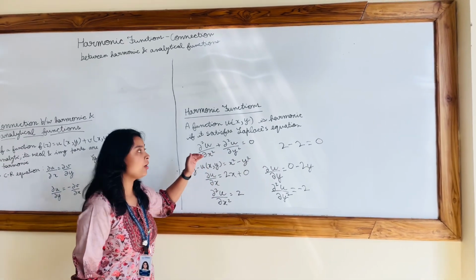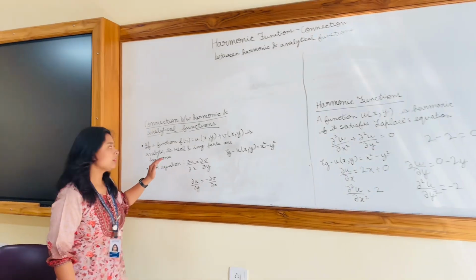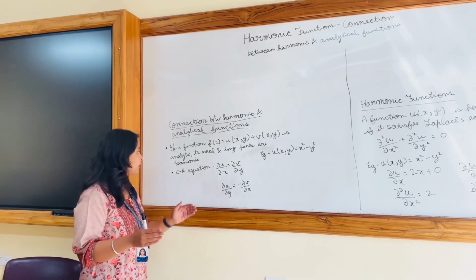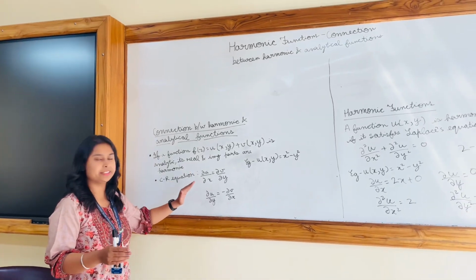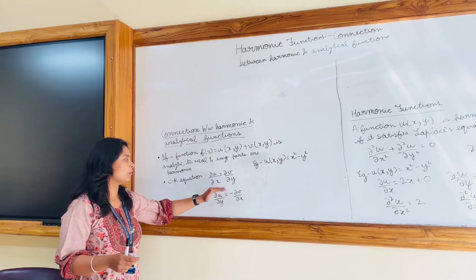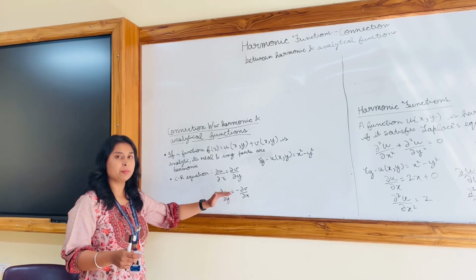Now we'll dive into how it is connected to analytical function. For a function to be analytical, it should satisfy the CR equations, which are dou u upon dou x equals dou v upon dou y, and dou u upon dou y equals minus dou v upon dou x.